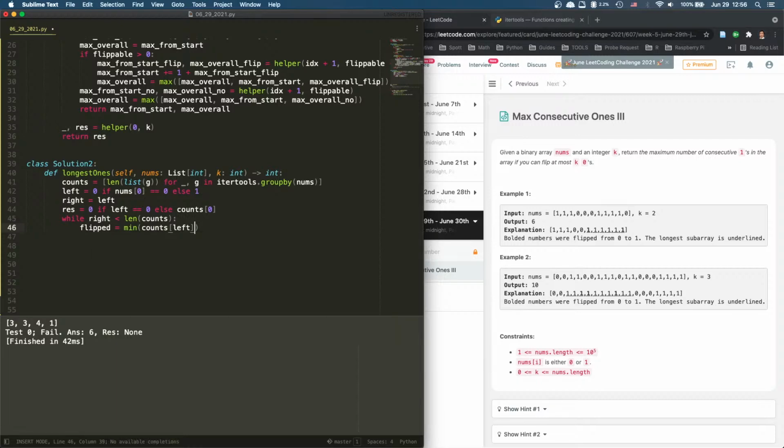Minimum from counts left and k. So if counts is big, then we can only flip k. If counts is small, then we can do this. So this is the flipped, right?